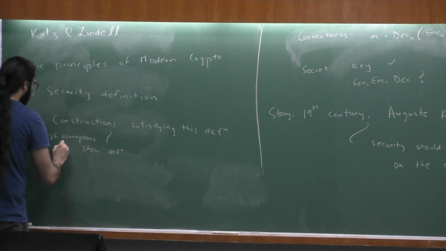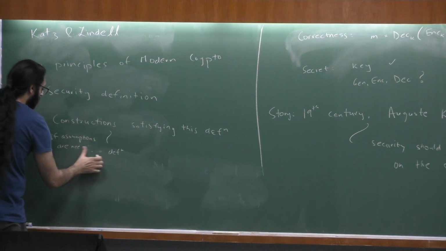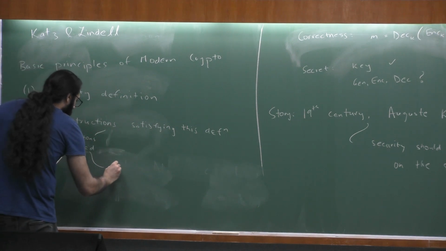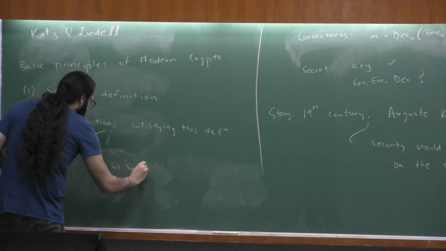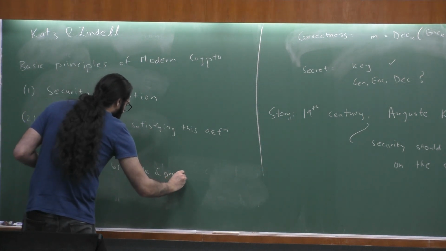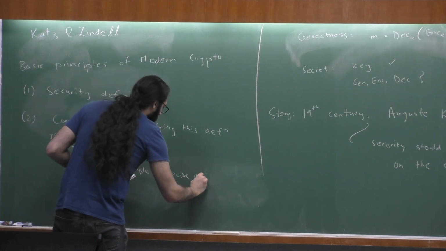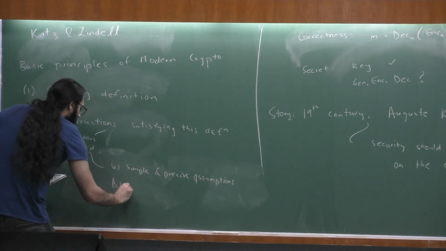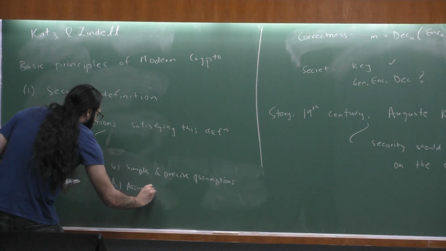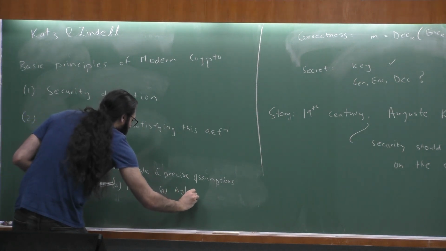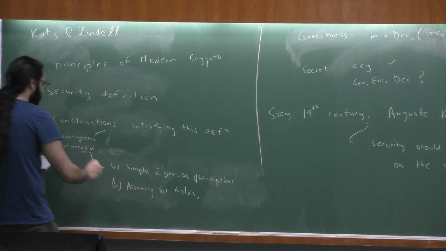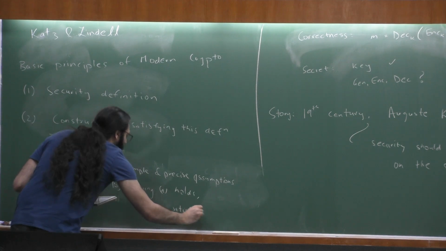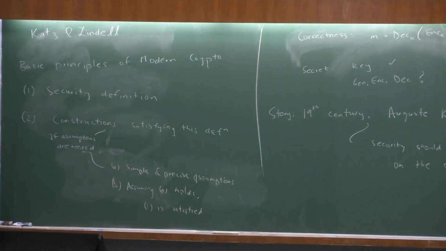But if assumptions are needed, then (A) we want the assumptions to be simple and precise assumptions, and (B) we want to show that assuming A holds, the definition is satisfied. So this is going to be the general paradigm.